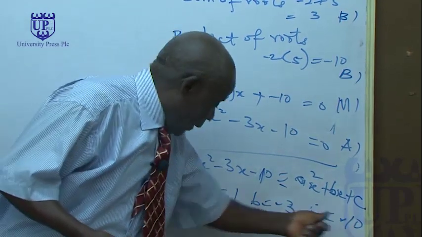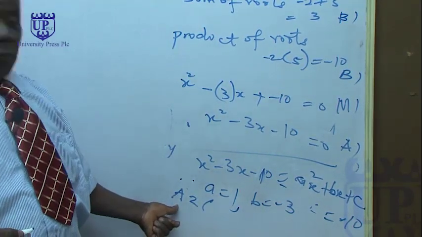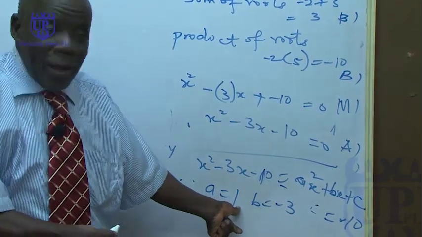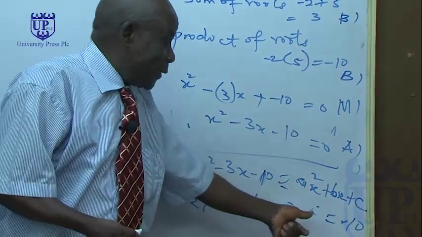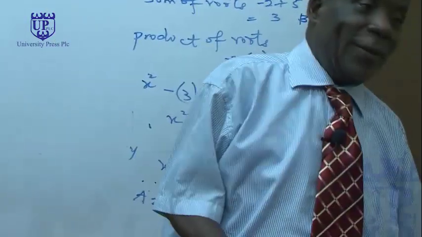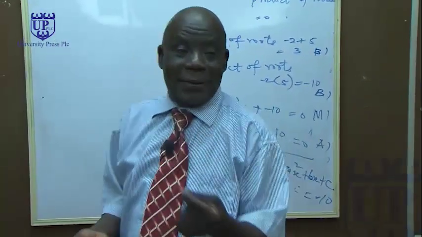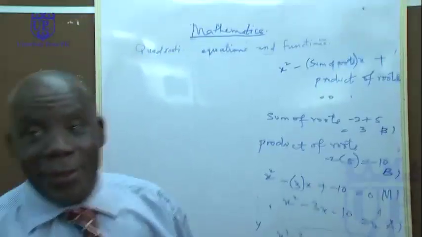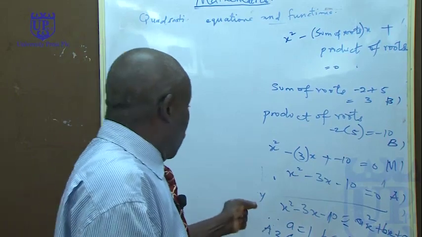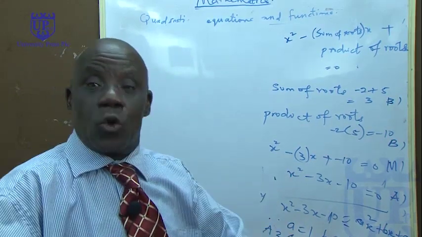If you get all 3, they give you 2 marks. If you miss one, they will say minus 1. If you miss another, minus 1. But if you miss all 3, they will not say minus 3. The maximum penalty there is 2, because it is 2 marks, you cannot get negative. So if you miss 2, it is A2 minus 2.